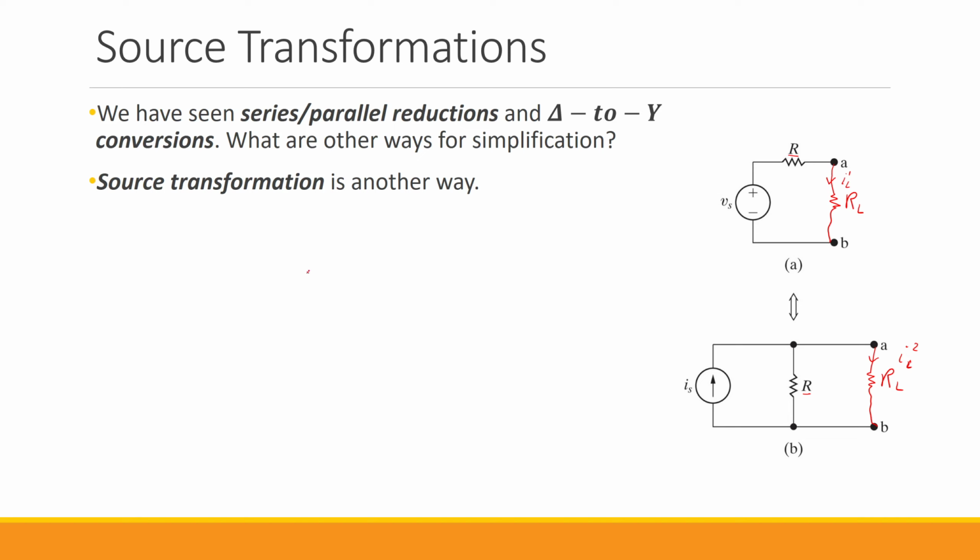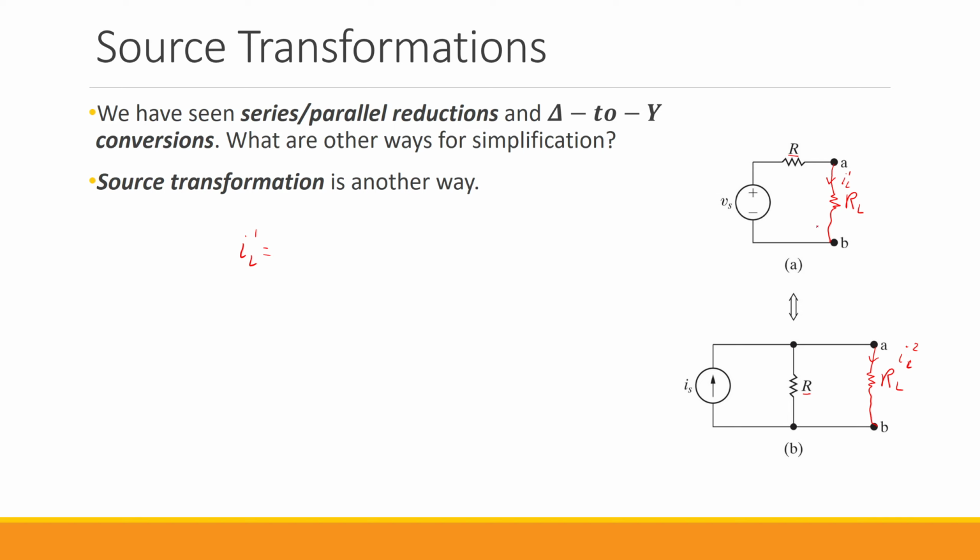What is the current IL1 for the first circuit? In the first circuit, we have Vs, R, and RL all in series, so the current that goes through RL is the current that goes through R. Since we have two resistors in series, the equivalent resistance is the sum of the two.